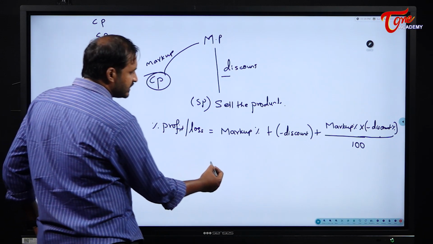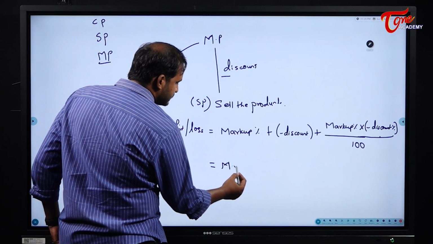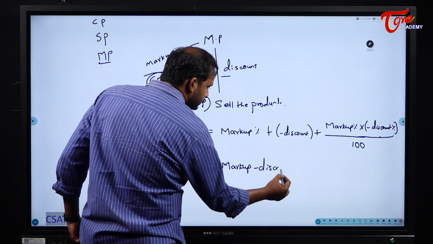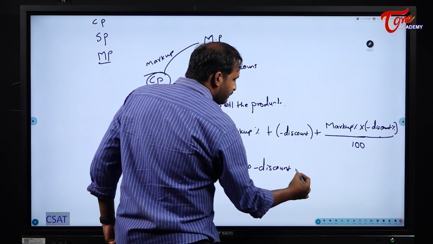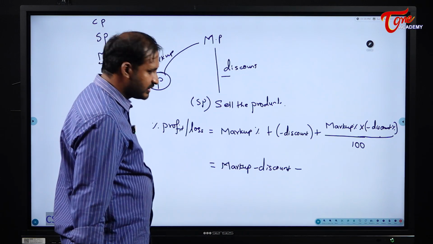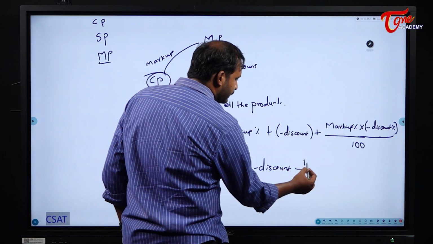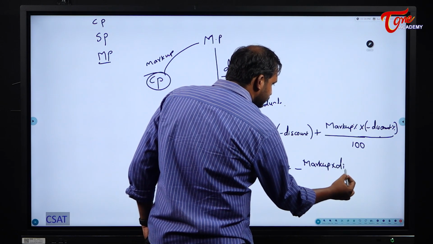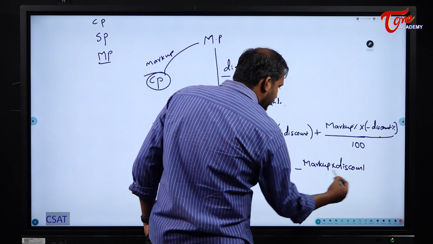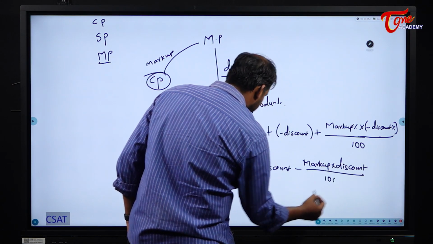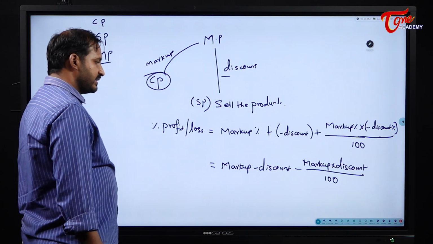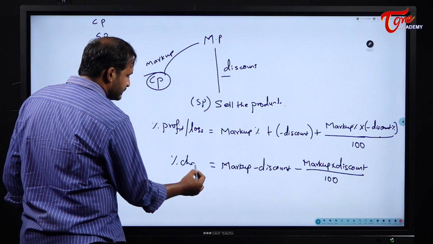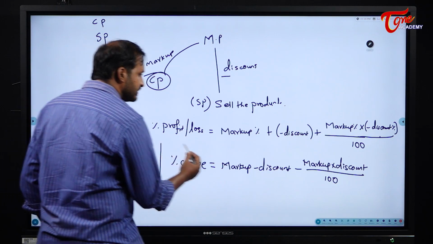So what happens to this? Markup minus discount, plus into minus is minus, so markup minus discount minus markup into discount by 100 percent. So this is the formula for the percentage change in the value.